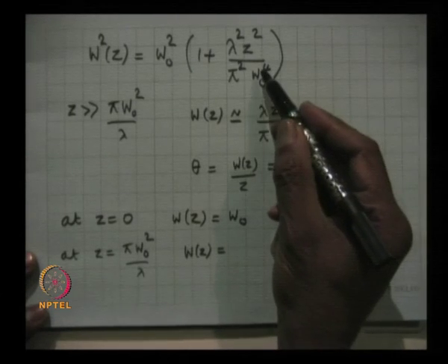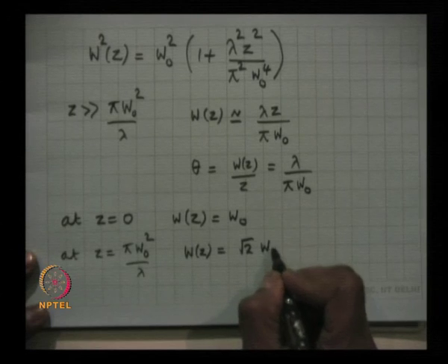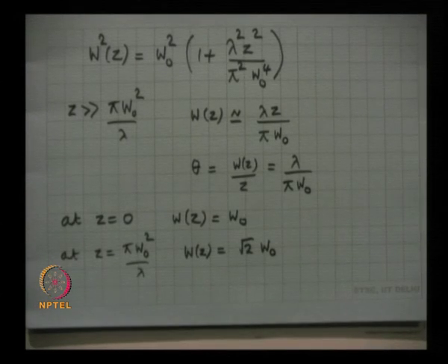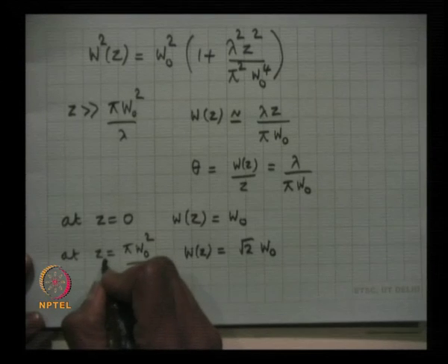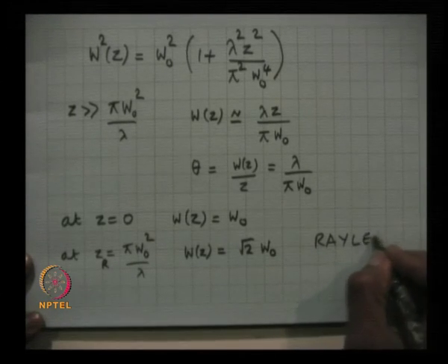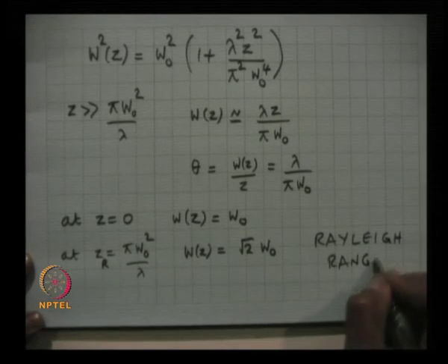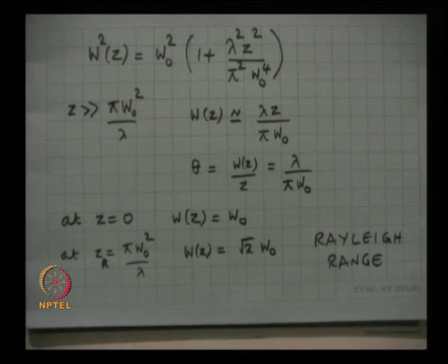This factor becomes 1, so that is root 2 times w0. The spot size will increase by a factor of root 2 in this distance, and let me put a subscript here. This is called the Rayleigh range: the distance from the plane z equal to 0 at which the spot size increases by a factor of root 2.